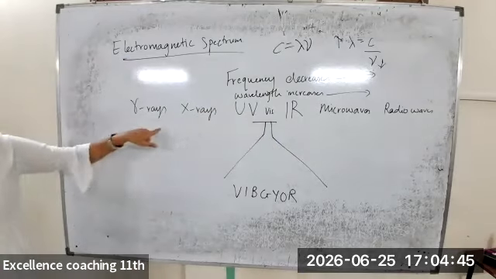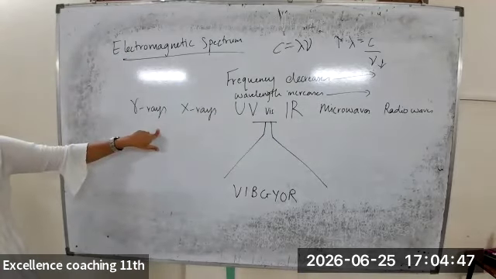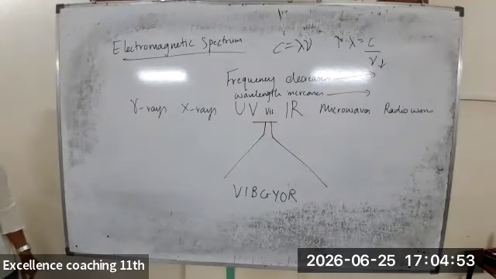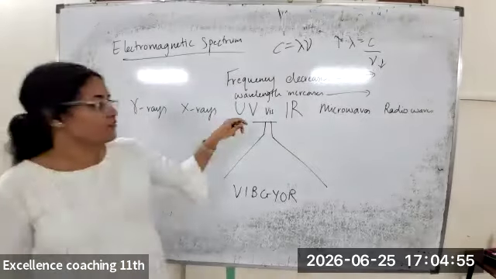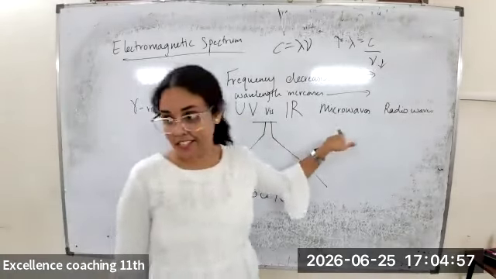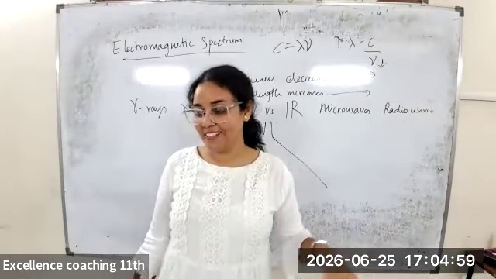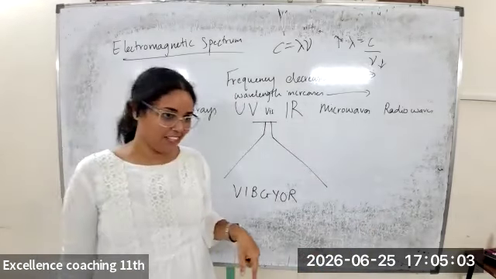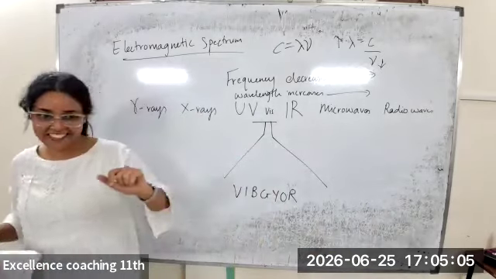right? Okay. Suppose I consider UV and microwave, which will have a higher wavelength? Microwaves, okay? So how confusing it can be.